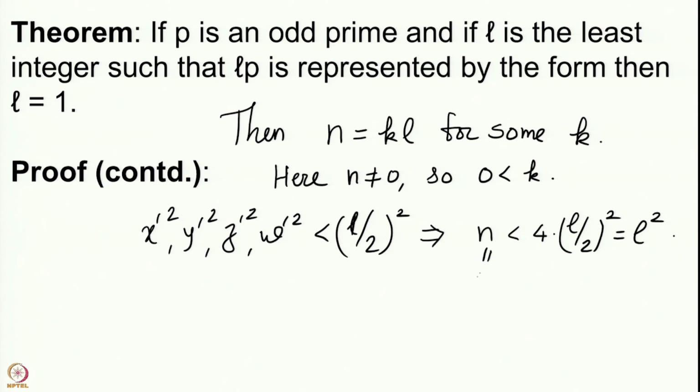If n, which is k into L, is less than L square, it would mean that k is less than L.